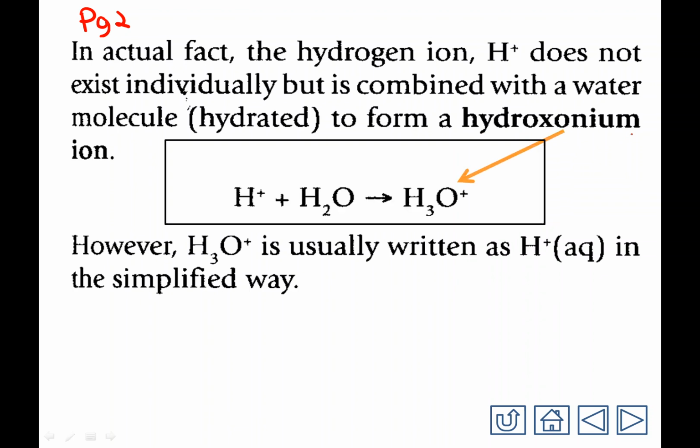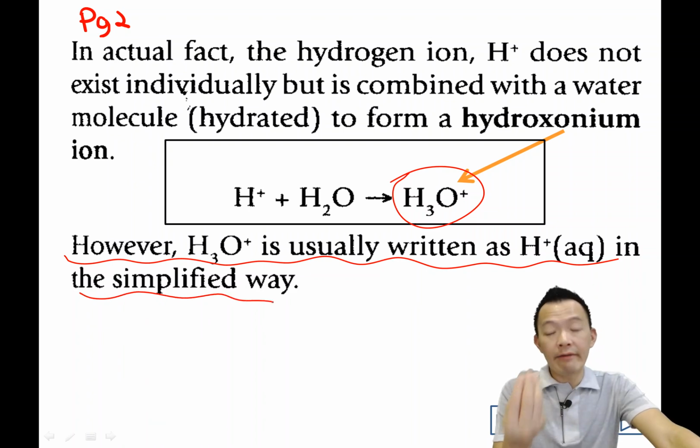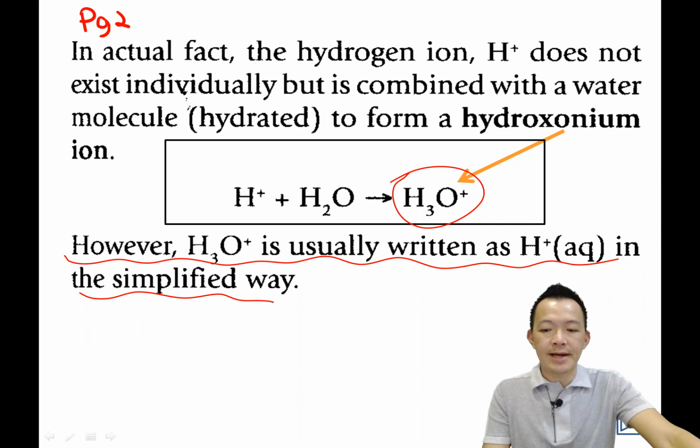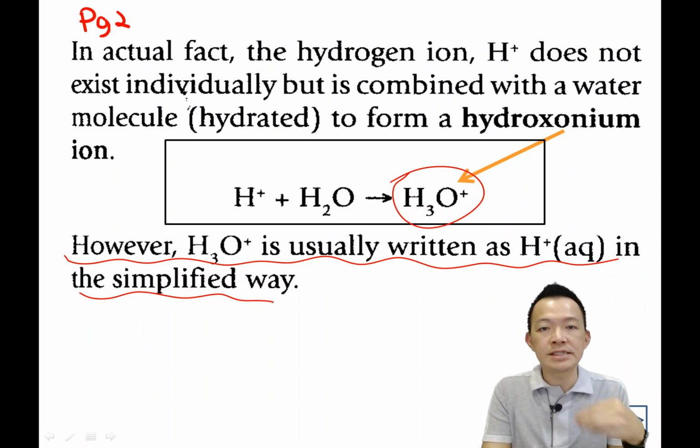Okay, so copy. Acid dissociates in the water to produce hydrogen ion, but the hydrogen ion joins together with the water molecule to become a new ion called hydronium ion. So this is a hydronium ion, H3O positive. However, an important sentence: hydronium ion is usually written as hydrogen ion in the simplified way.